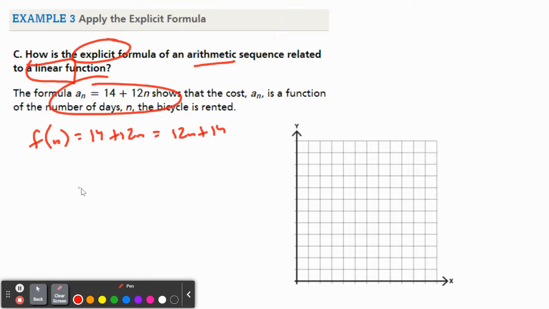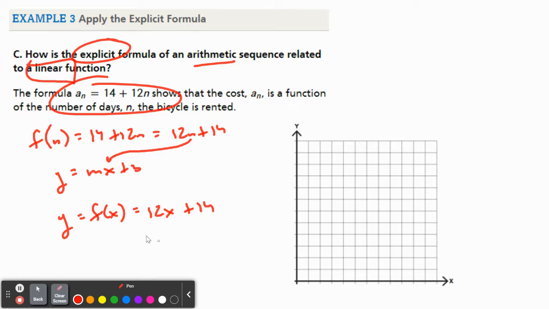And again, this is just slope-intercept form. Your f of n is y, and you have mx plus b. Again, the n is just your x. So this is going to say y equals, or f of x equals, whatever you want to call it, 12x plus 14.